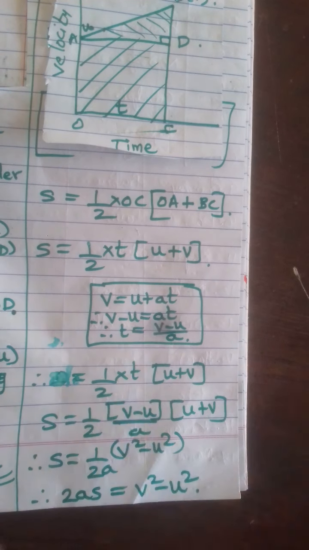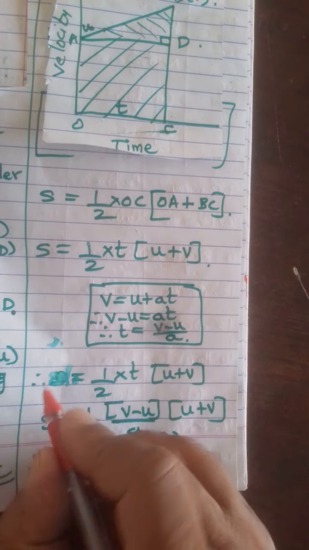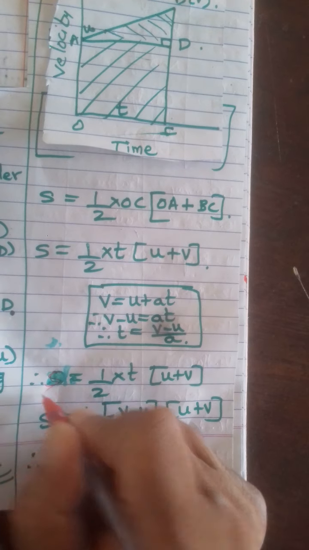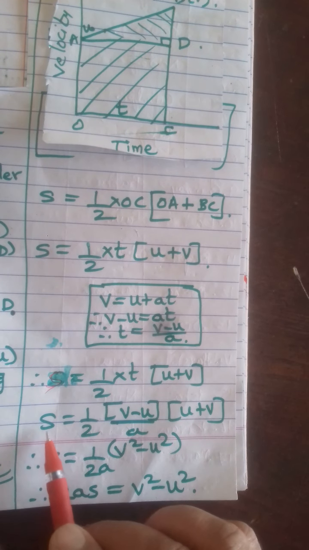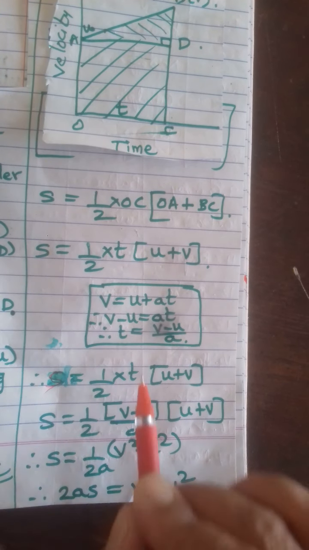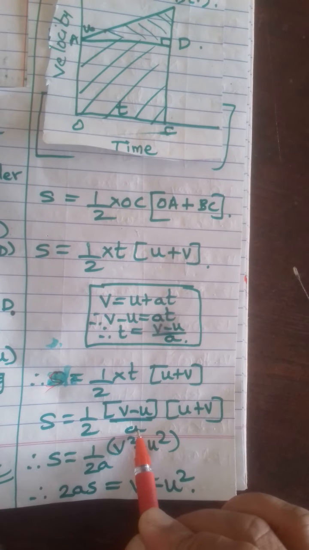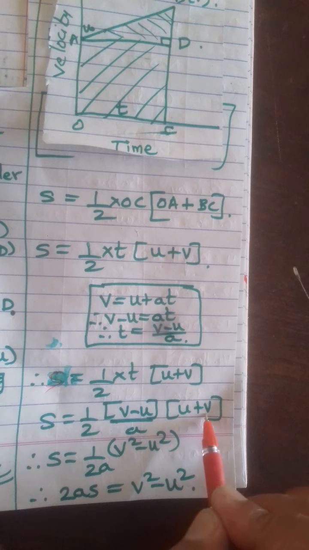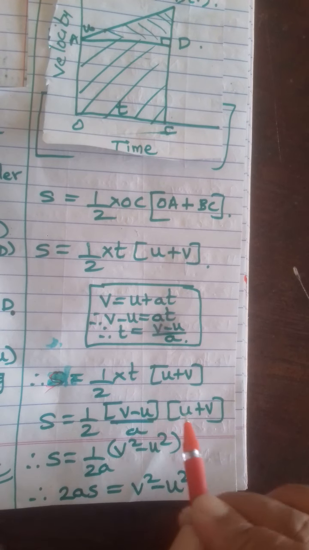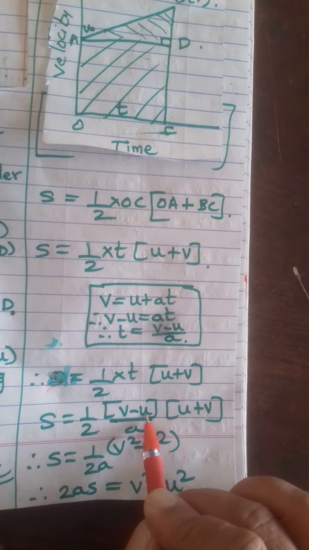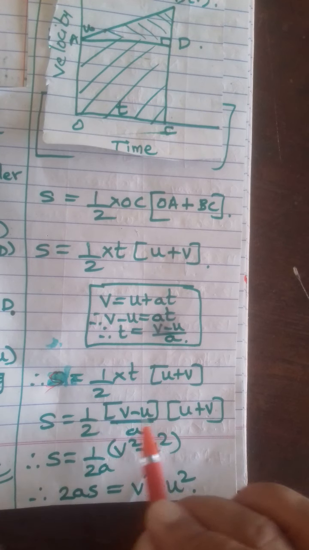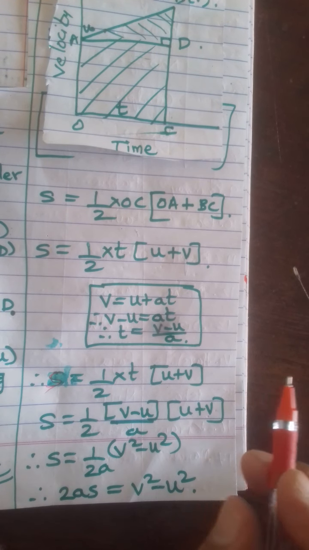So S is equal to half into V minus U upon A, into U plus V. Now V plus U into V minus U, that is A plus B into A minus B, is A square minus B square.